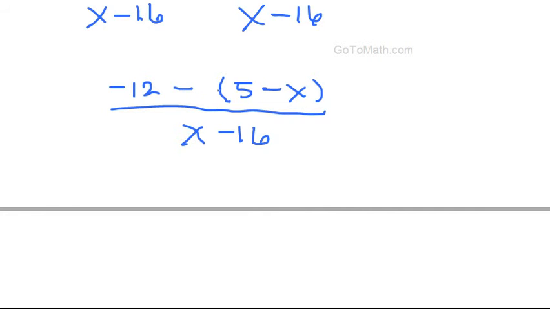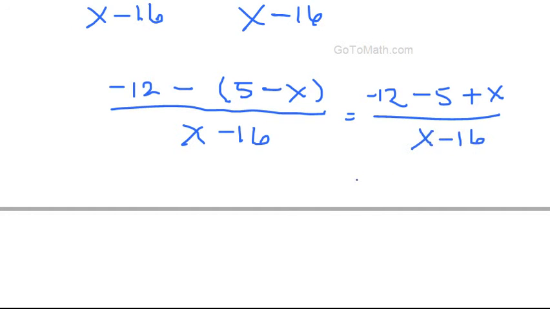You'll want to distribute this negative across. Okay, and so now we end up with, that bar is a nuisance, I've got to just write it over here. So we end up with negative 12 minus 5 and then plus x over x minus 16.